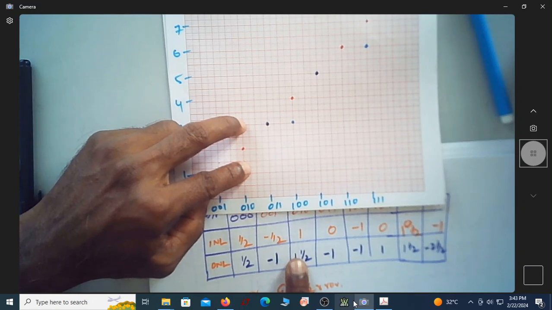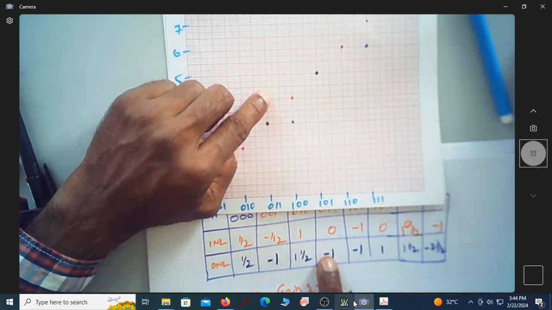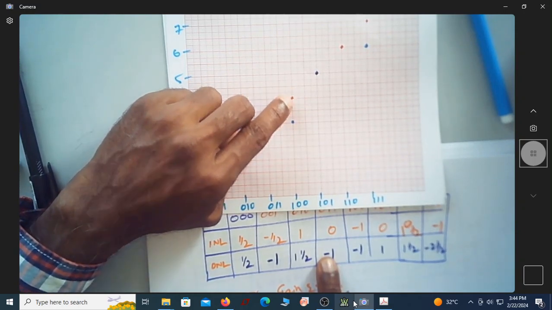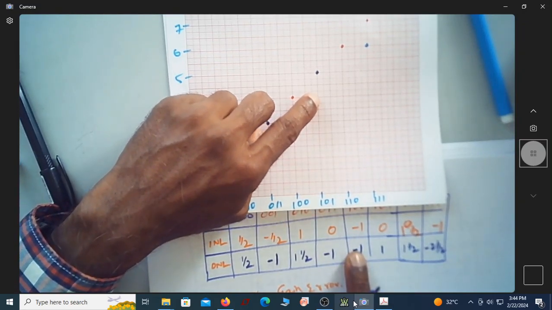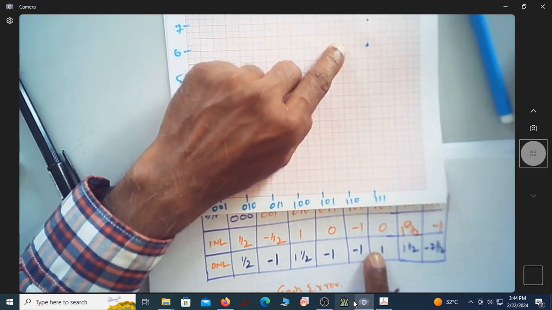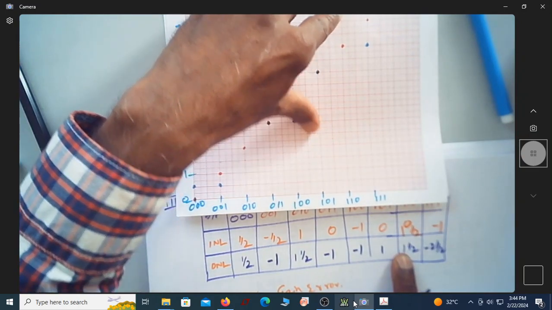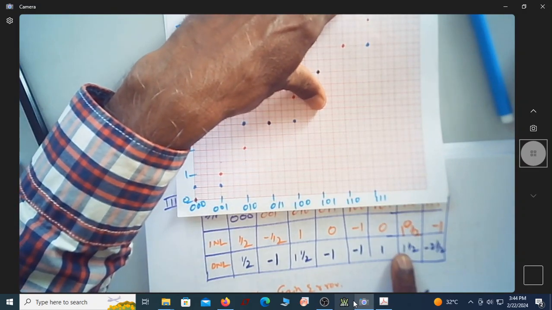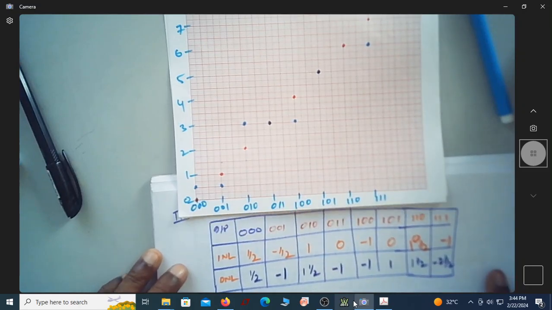And then from this would have been here, but it is here only, it's minus 1 LSB. From this would have been there, but it is still here, minus 1 LSB. From this would have been here, but it is up there, it is 1 LSB more. From this would have been here, but it is here, so this is 1.5 LSB. From this would have been here, but it is over here. So from here it is 2.5 LSB less. So let us see the addition.